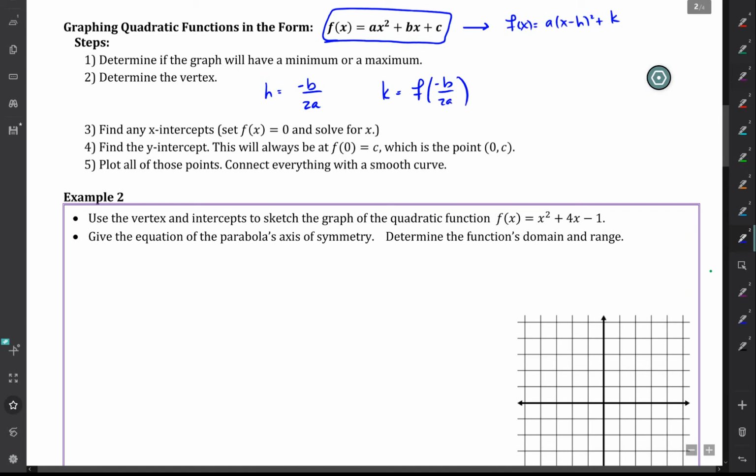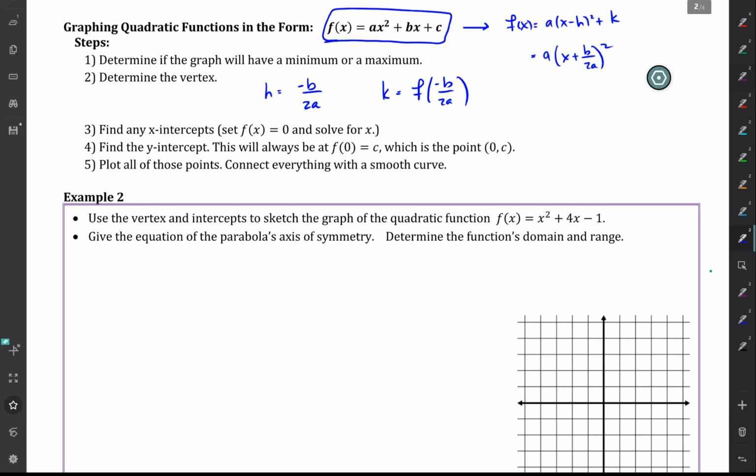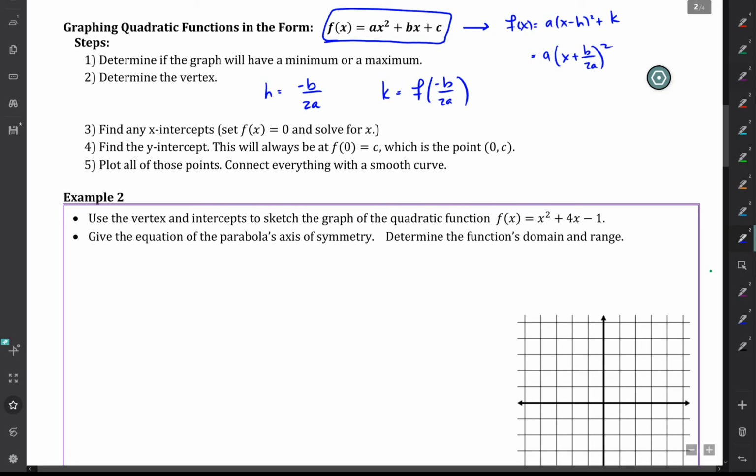Because if you think about this, if I know that this is a times (x plus b over 2a) squared, right? So h is negative b over 2a, so x minus h is x plus b over 2a, squared. And you want to figure out what this k value is. You just plug in negative b over 2a for x, and this whole first part vanishes. Right?